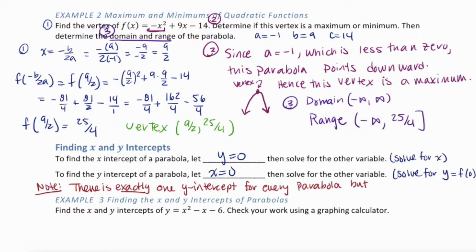But there may be up to 2 x-intercepts. So you will always have one y-intercept, and you may have 0, 1, or 2 x-intercepts.